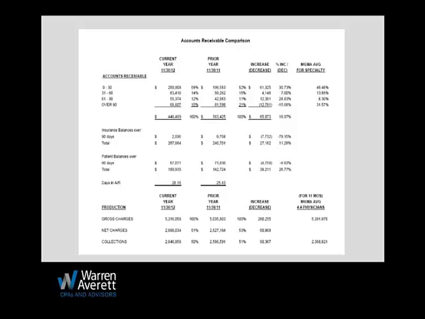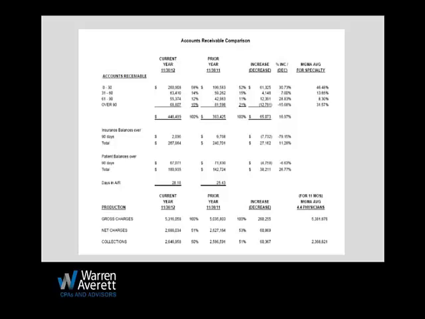Depends on your specialty, depends on your payer mix. But once we get over 40 days in AR, this is a good indicator of how long it's taking us to collect our money, our cash flow is being decreased, and especially if you see a large change year to year. If it was 25 days last year and now it's 35, that's 10 days of money that we're missing out on. Our cash flow is becoming a little more crunched.